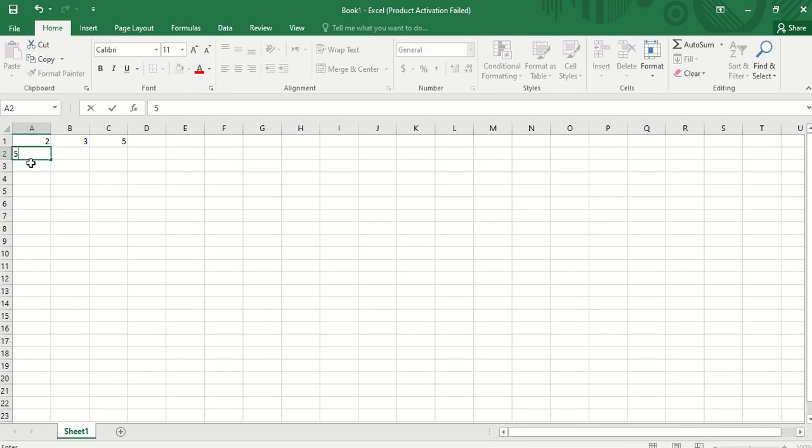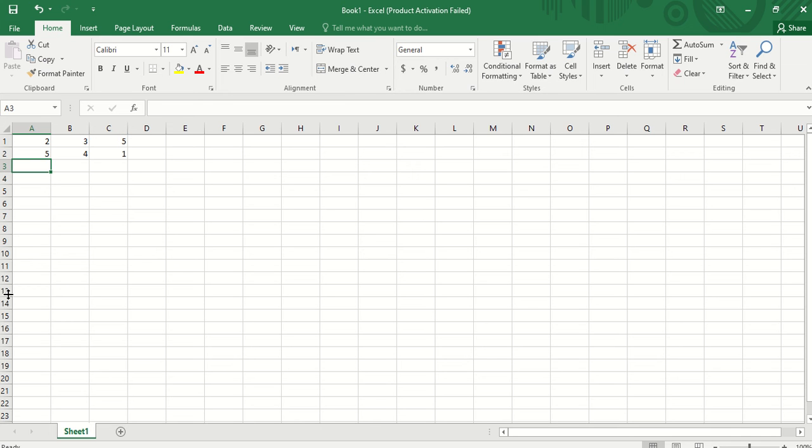Now in A2 I write 5, and in B2 I write 4. The same thing, we write is equal to, because any formula we start with the equal to sign. Then this number minus this number, I press enter, so you can see the answer.